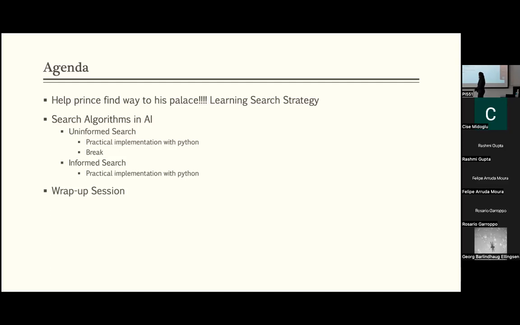Next we will go directly into the search algorithms in artificial intelligence. Usually they are of two types. One is uninformed search, and another is informed search. The difference between these two is that in uninformed search we don't have any kind of information in our hands.